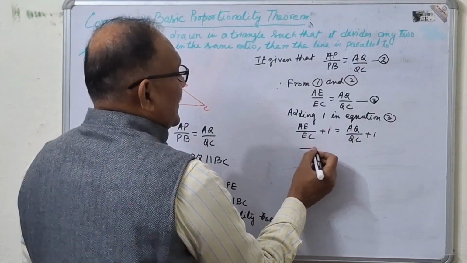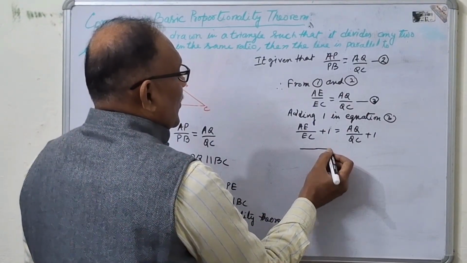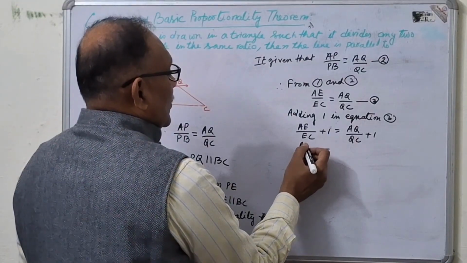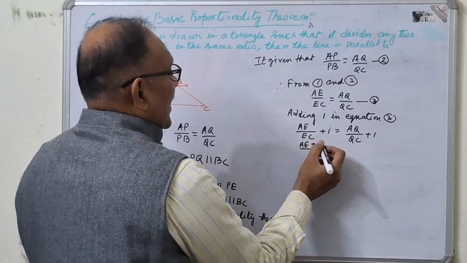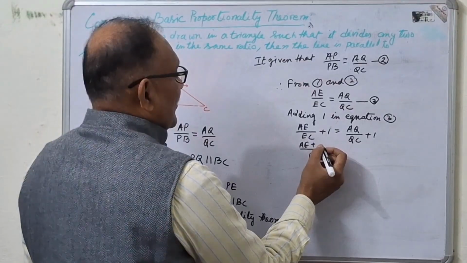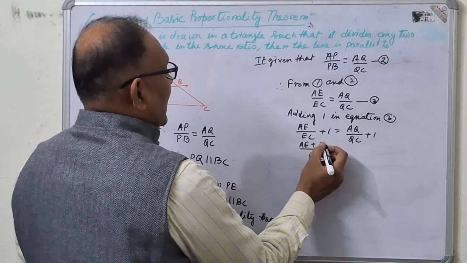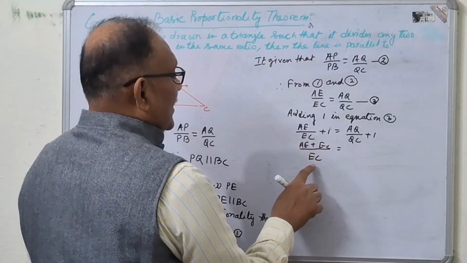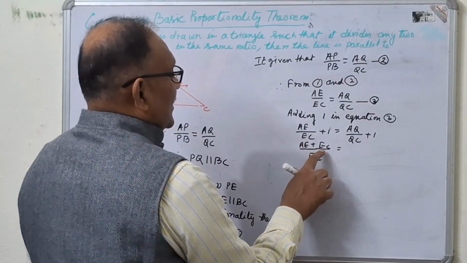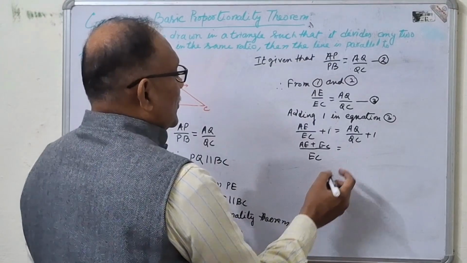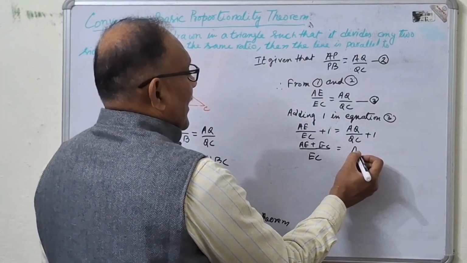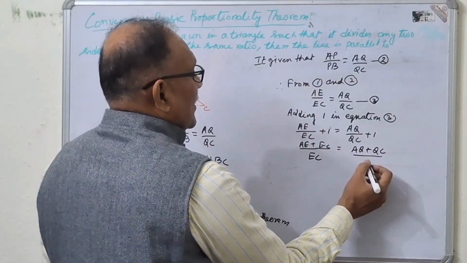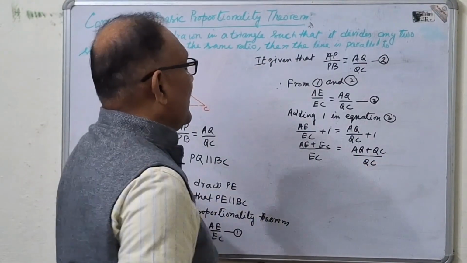Taking LCM on both sides, on the left side, AE plus EC upon EC equals AQ plus QC upon QC.